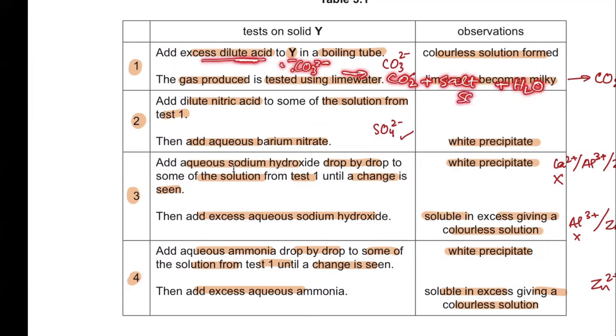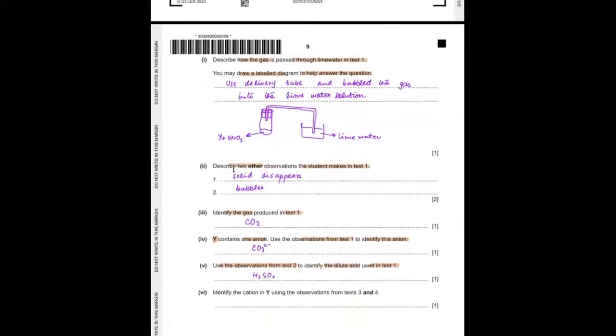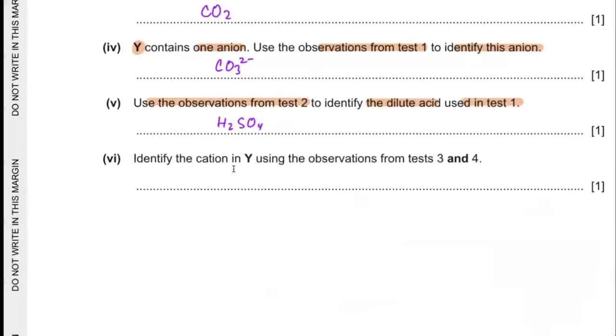And now the salt has sulfate ions. And when we do this test and add barium nitrate to it, we will get the white precipitate. So it means that the sulfate ions come from the acid, as they themselves told us. So if it comes from the acid, the acid must be sulfuric acid.